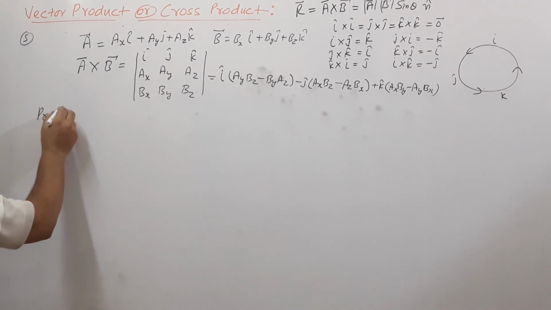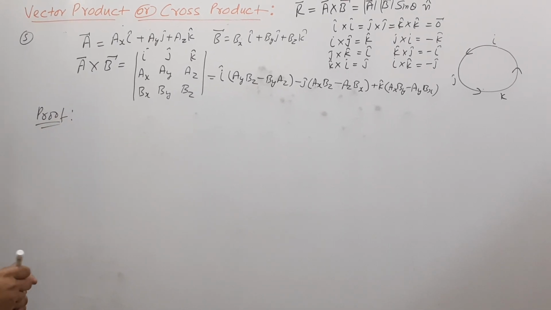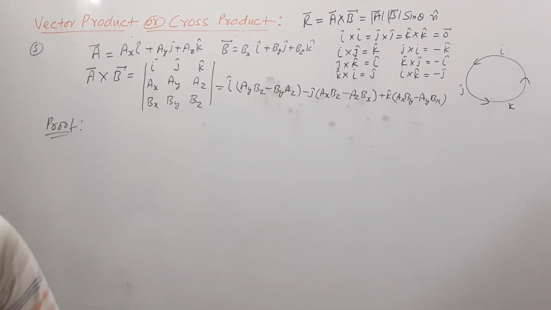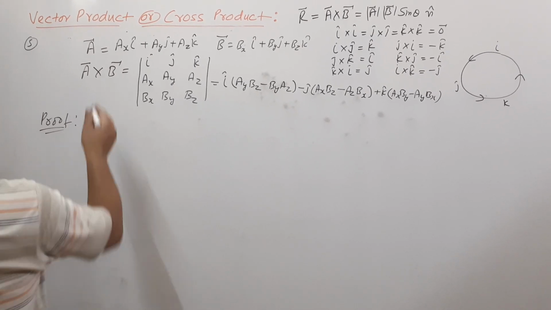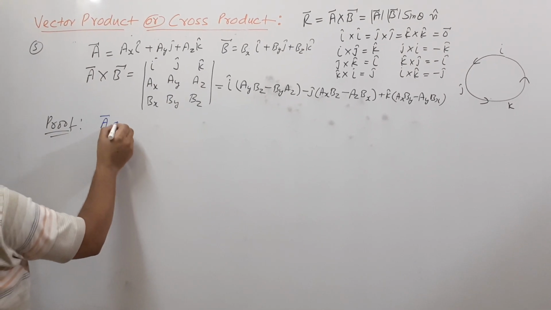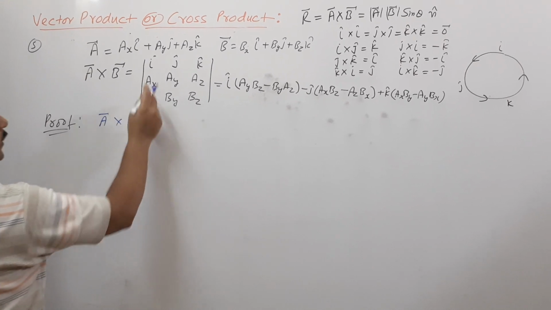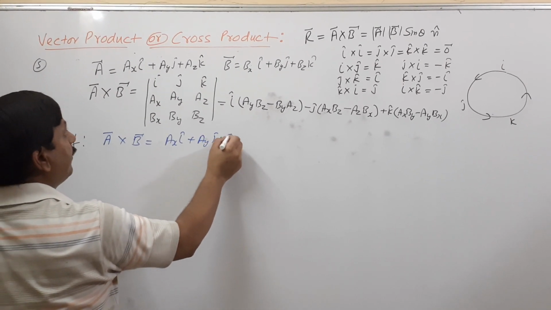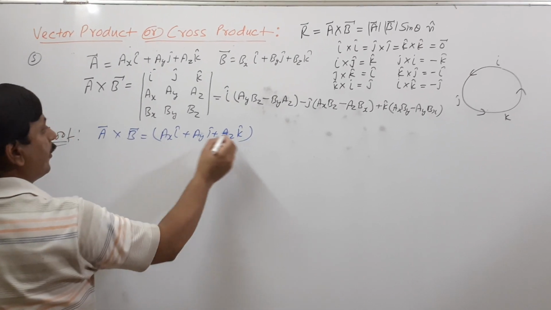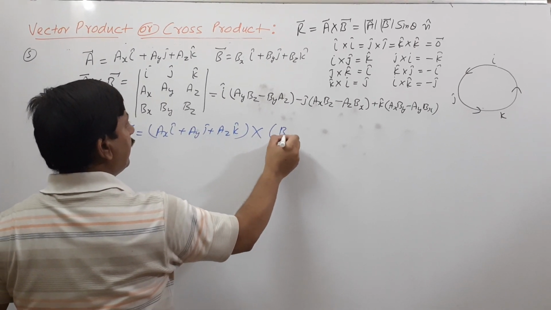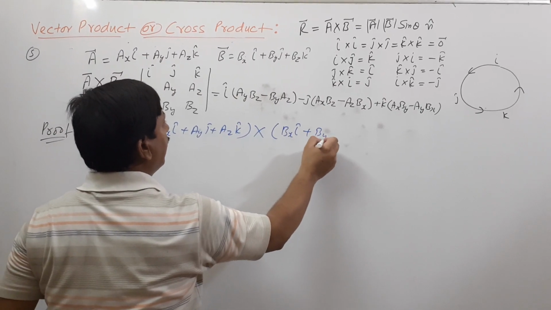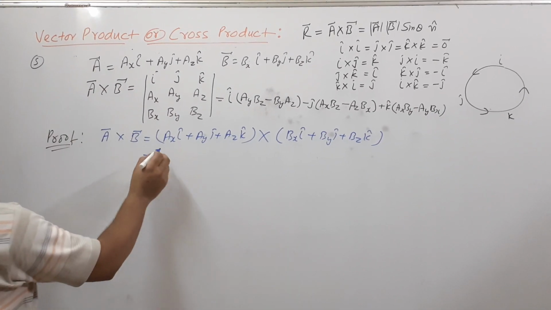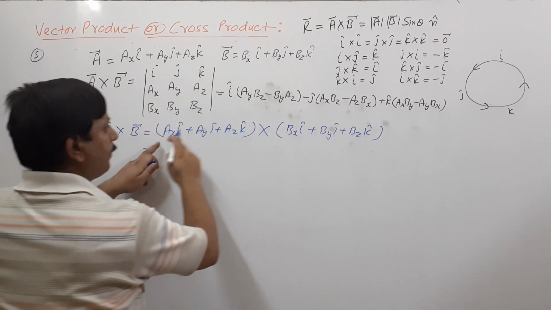How does it come? If we want to prove it, how will we prove it? See here, A cross B is ax i cap, ay j cap, az k cap cross bx i cap, by j cap, bz k cap. Apply the distribution law.